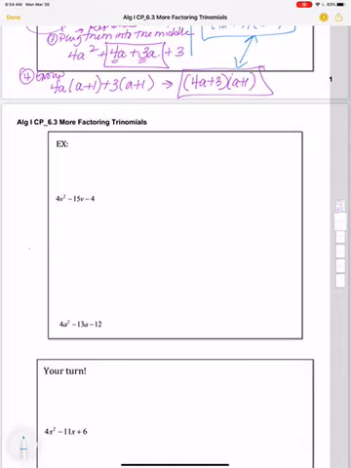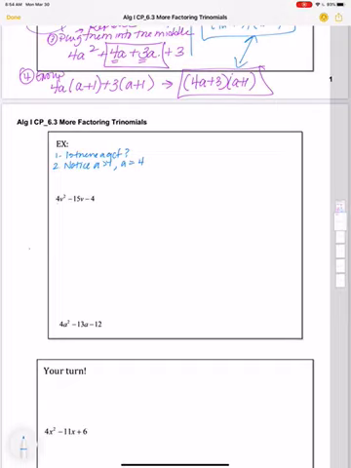But okay, so look at this. Is there a GCF? No, there's no GCF. So step 2, I notice that a is greater than 1. In fact, a is equal to 4.